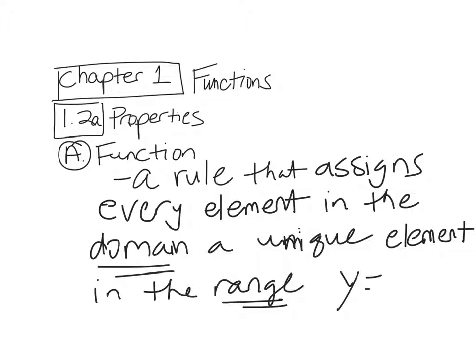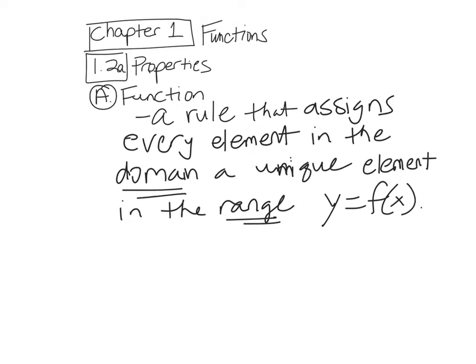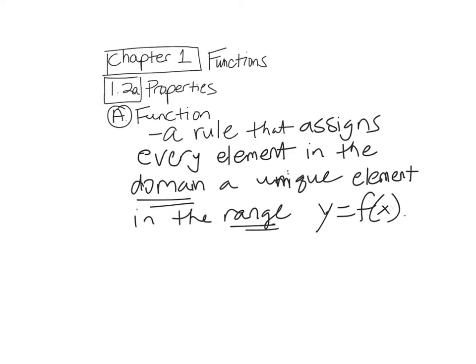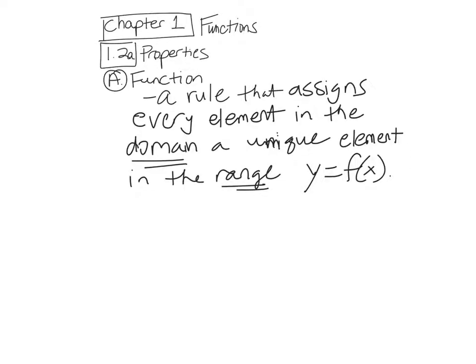y equals f of x. All right, there's very fancy definitions of what a function is. That one's not very fancy, okay? Basically, it's saying this, and you might have seen this before. Suppose that you have this function machine. Have you ever seen a function machine?